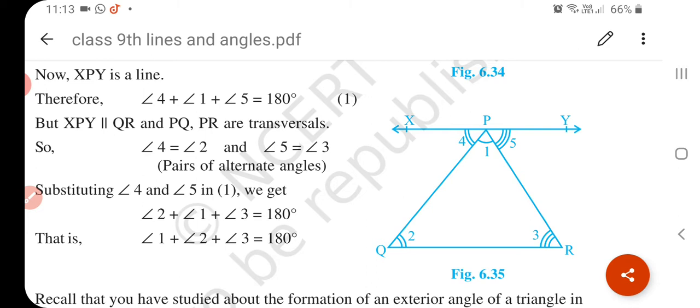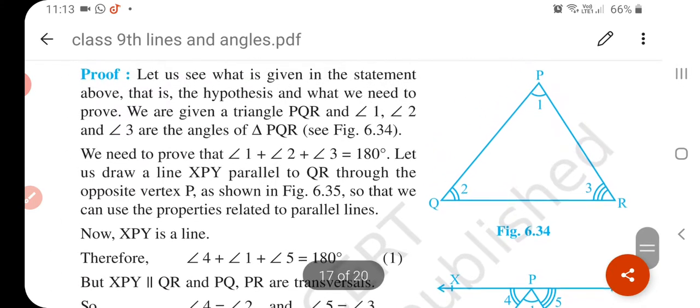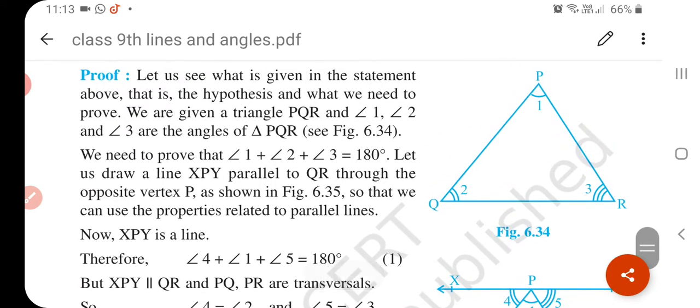Now in this theorem, if we have to prove the sum of angles of a triangle is 180 degrees, then what do we do? See, if we draw a line XY that touches P, we need to prove angle 1 + angle 2 + angle 3 is equal to 180 degrees.